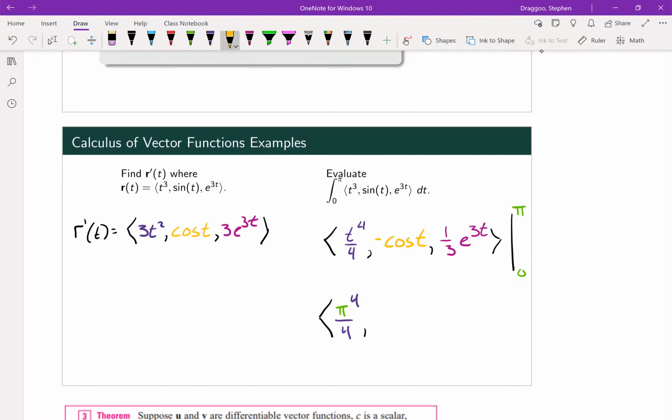So let's maybe do that. -1. Minus a negative cosine of 0, which is +1.